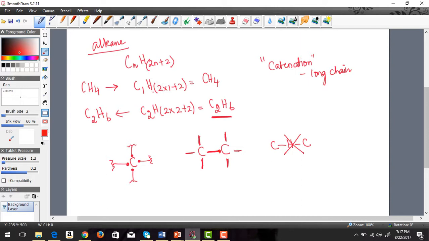Okay, if I get my blue color, I can make my point across. This carbon has donated its 1 electron and this carbon right here has donated its other electron. So let's get the red.